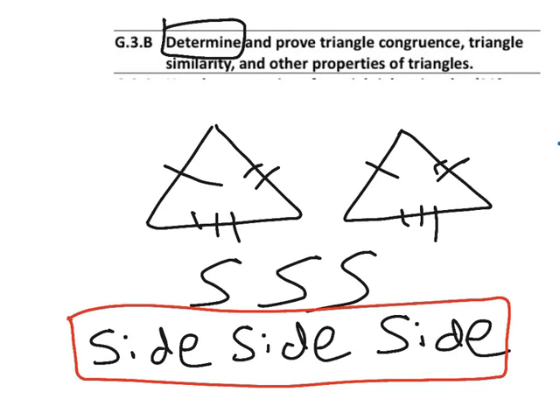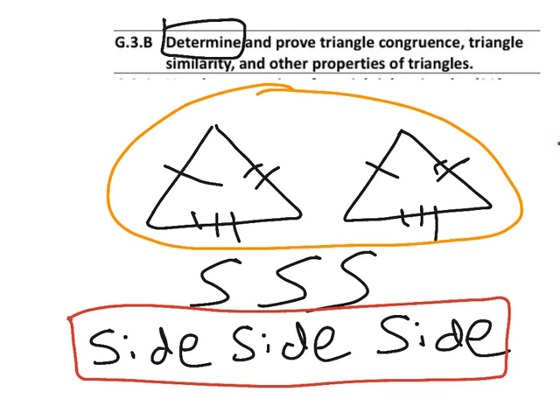What this means is, if you focus your attention right up here on the two triangles, if you can show that all 3 sides in the triangle on the left are congruent to their corresponding sides on the right triangle, then the triangles are congruent. We call this a shortcut. The shortcut's again called SSS, and it works every single time to prove two triangles are congruent.